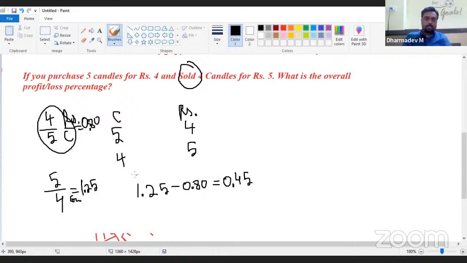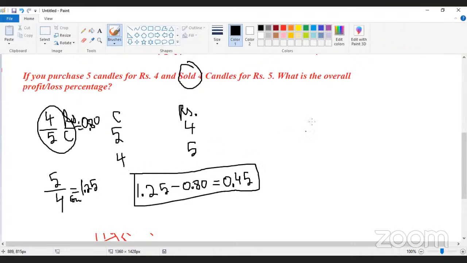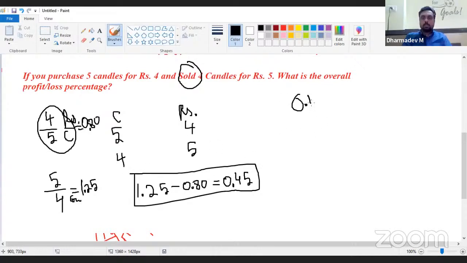Are you clear with the first step? Yes, clear, sir. So it's a profit, we know it is 0.45. To find the percentage, we always need a base value. When I'm buying and selling something, the base value will always be the cost price, which is what I'm purchasing.